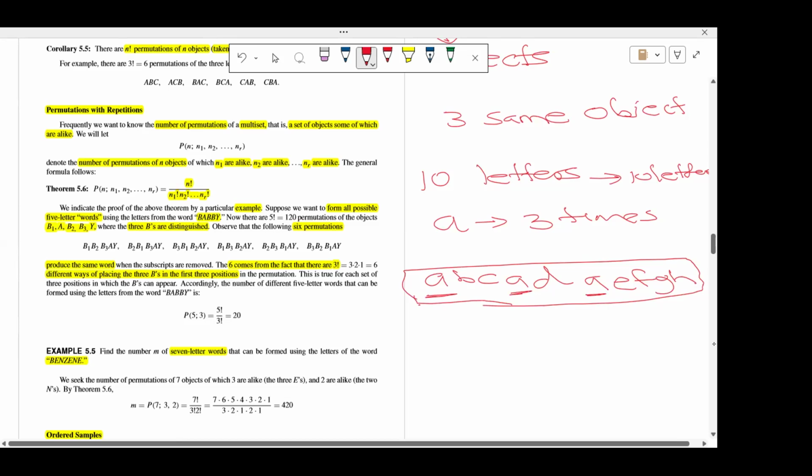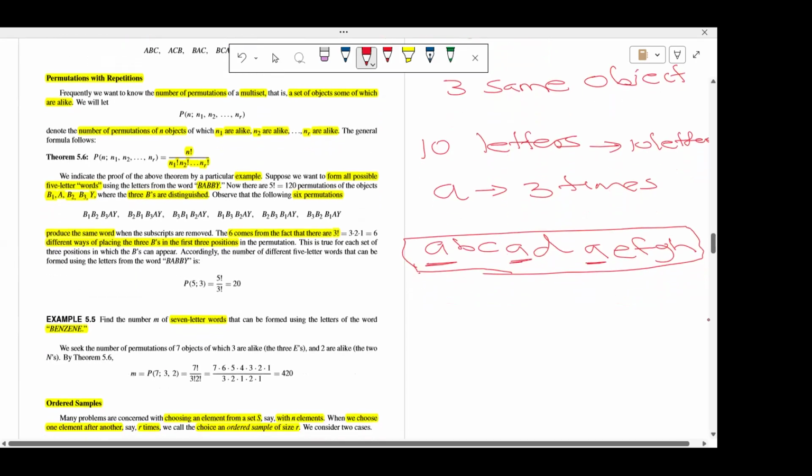In this type of scenario, if you want to utilize all 10 letters and create words, how many words can we create? Do you know how to find the answer?